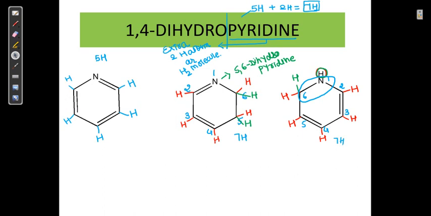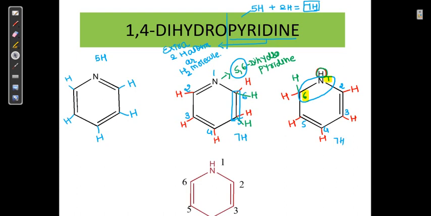Now, in the 5,6 derivative, 2 extra hydrogens are present, one at the 5th position and another at the 6th position. In the other, we have seen an extra hydrogen at the 1 position and the 6th position. So it is known as a 1,6-dihydropyridine derivative.